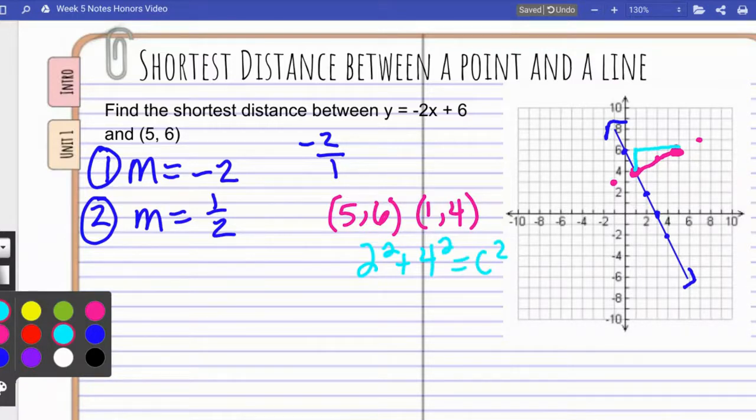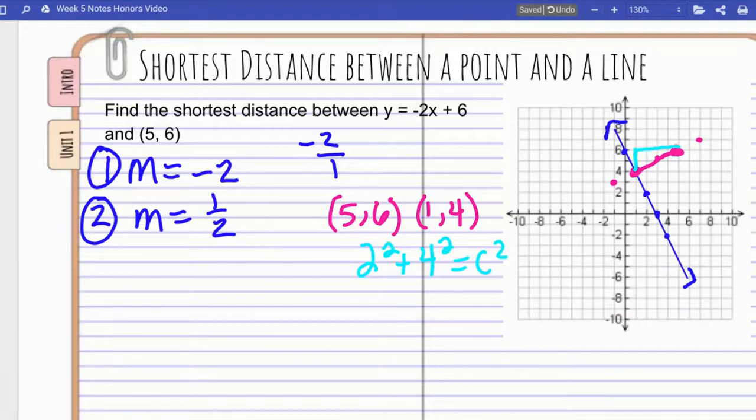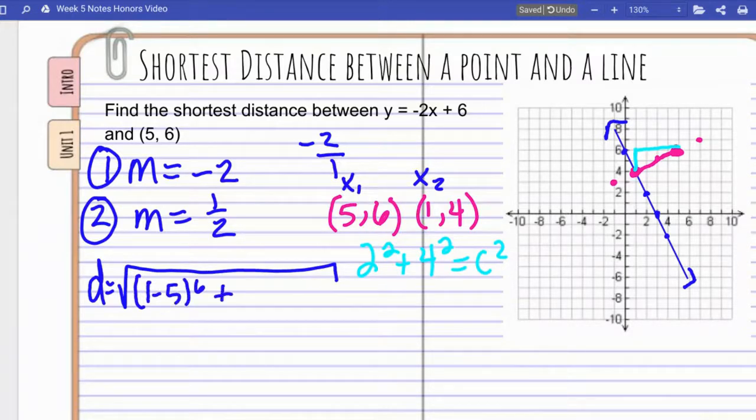Some of us like the distance formula, so it's equal to the square root of, we subtract the x values, 1 minus 5 squared, plus we subtract the y values, 4 minus 6 squared.